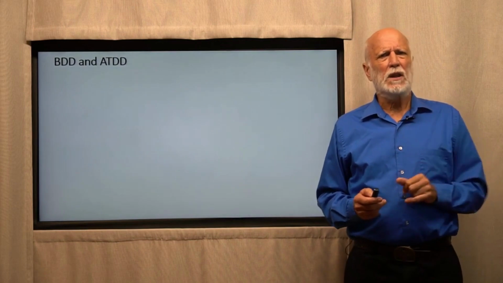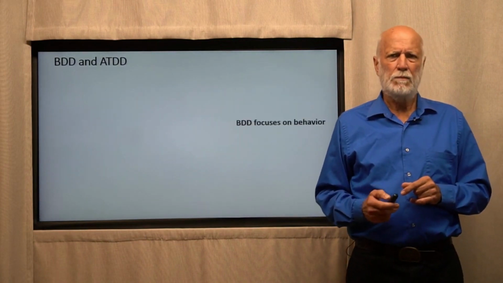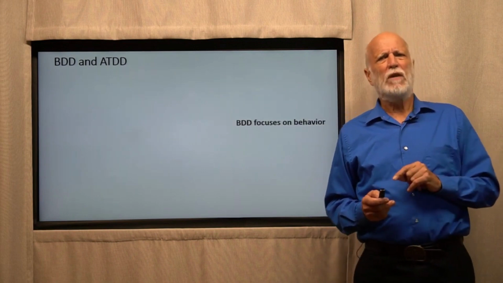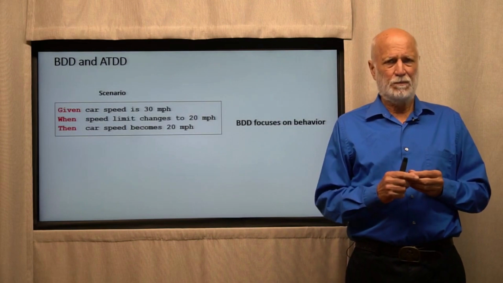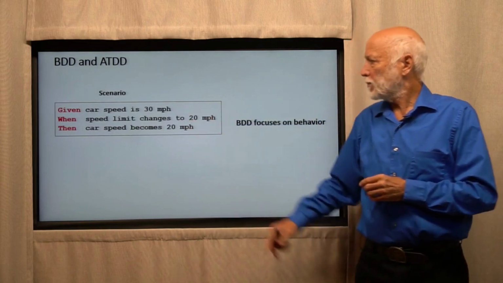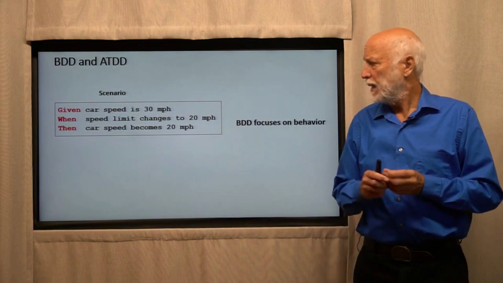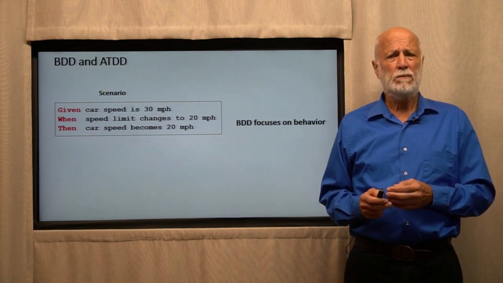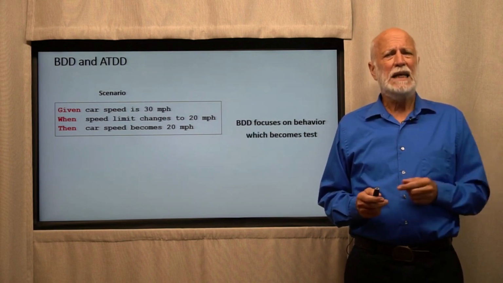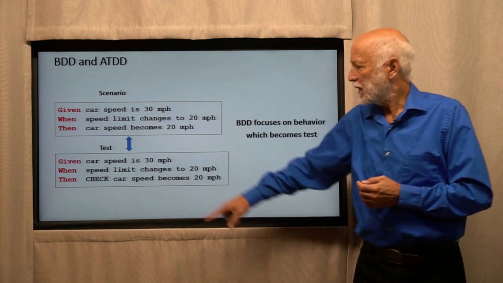So it turns out that BDD and ATDD are pretty well related. Behavior-driven development focuses on the behavior. That's the scenario. Given the car speed is 30 miles per hour, when the speed limit changes to 20 miles per hour, then the car speed becomes 20 miles per hour. Pretty straightforward. And we're going to have a test of that behavior. Here's our test.